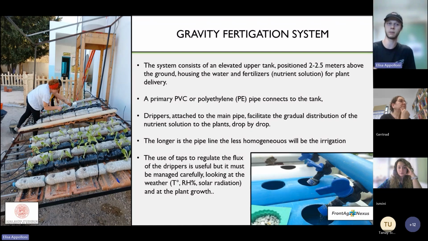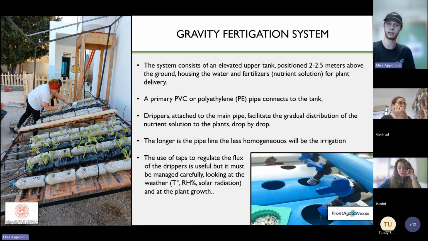The problem of this system is that all the nutrient solution that is not uptaken by the plants will be drained in another tank that afterwards must be replaced inside the upper tank that is 2 meters above the ground, and so very difficult to reach.